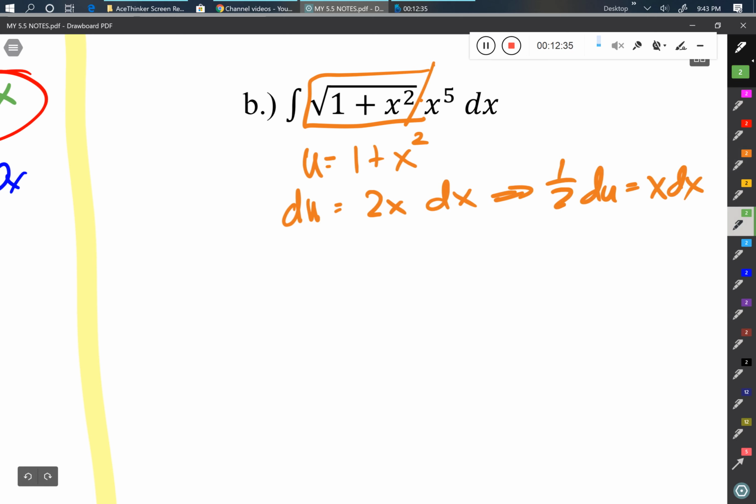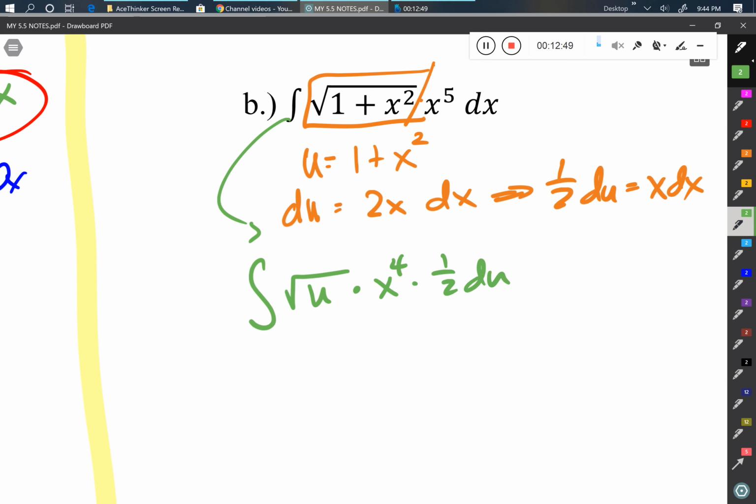If I perform my substitutions, then the integral becomes the integral of the square root of u times x to the 4th times 1/2 du. Now, I know that at least one person is squealing right now because they're so excited, but for the rest of us, what on earth is an x to the 4th doing there? How did that show up?